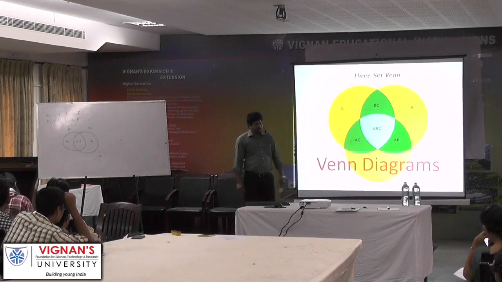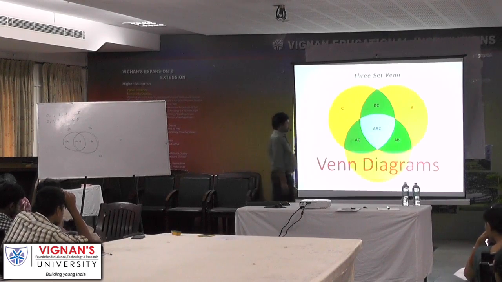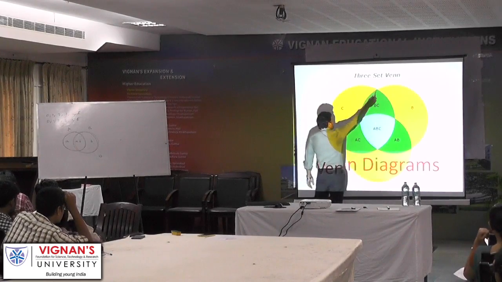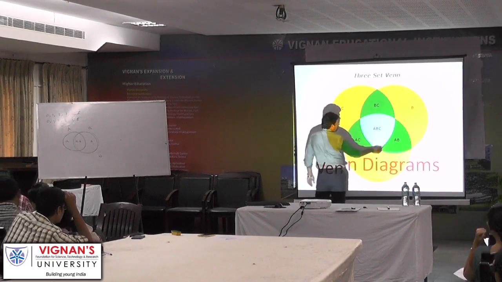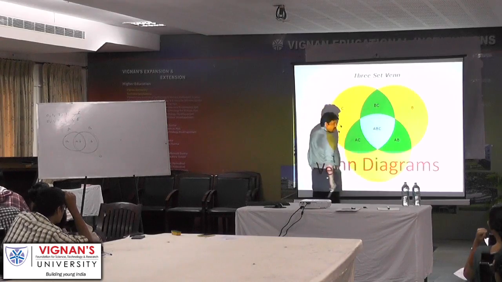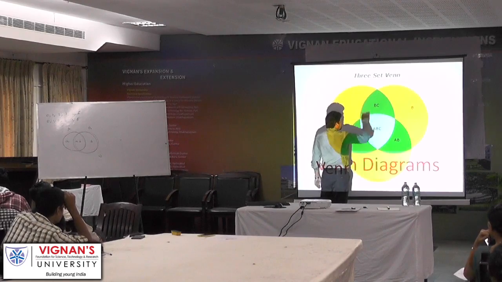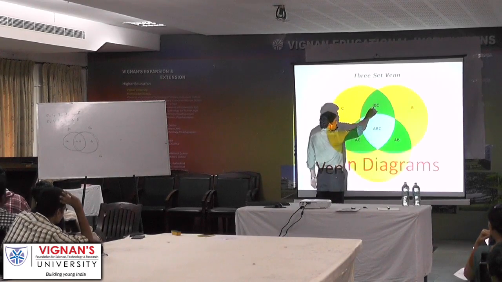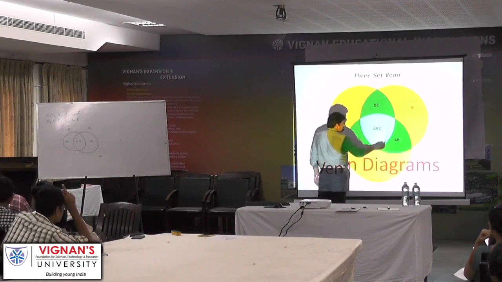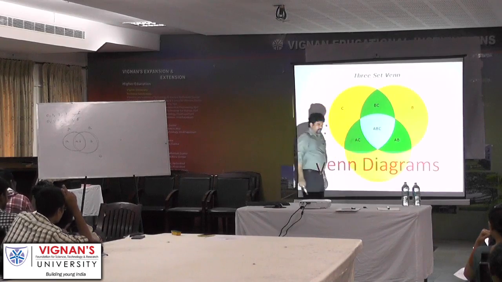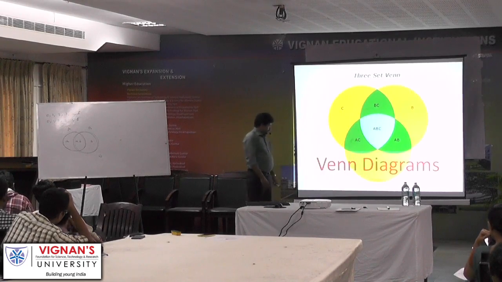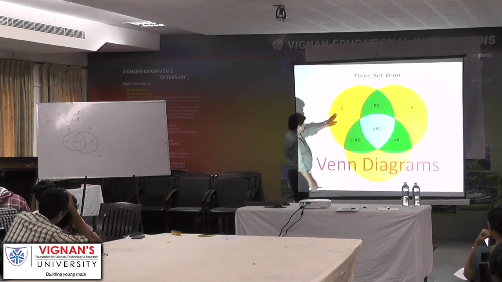Similarly, there are 3 more regions, right? So remember, this entire region will give you B and C, but this region gives you only B and C. Only B and C means this one. B and C is this entire region, right? Now what is this?